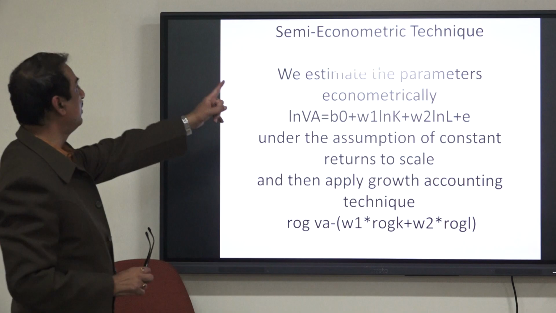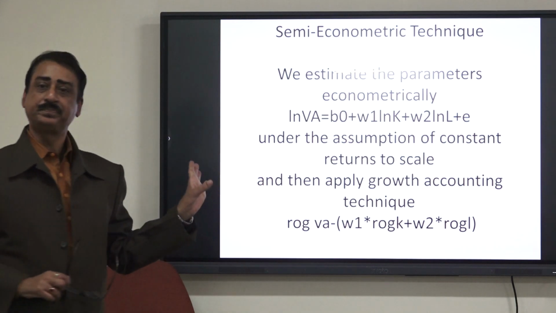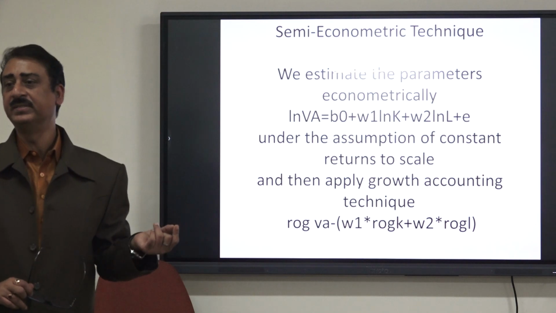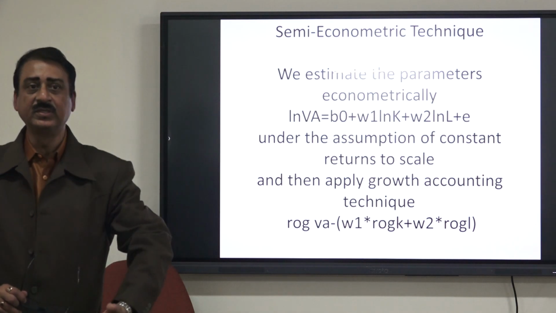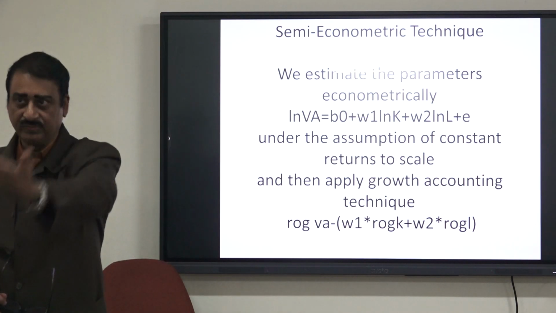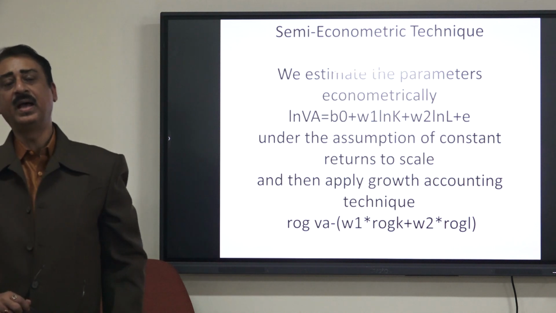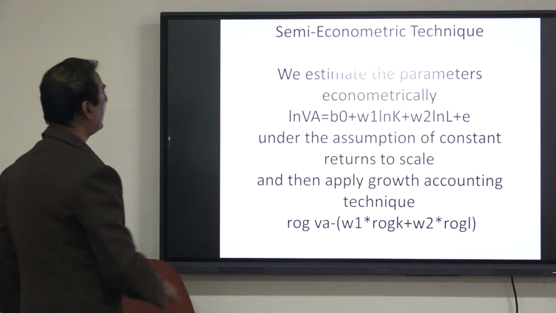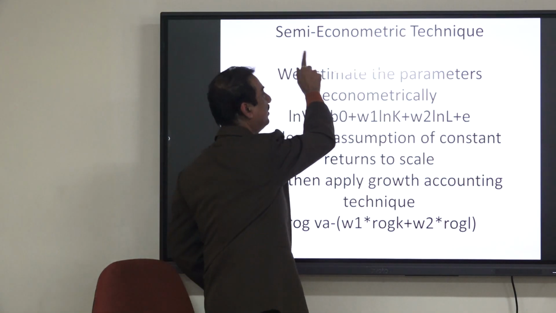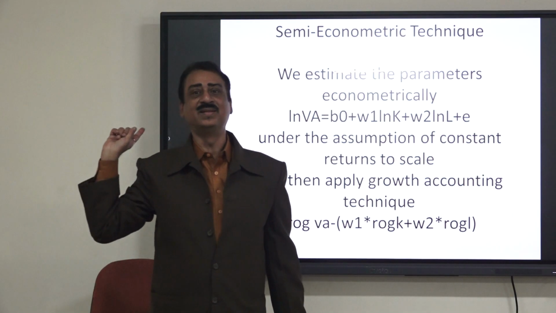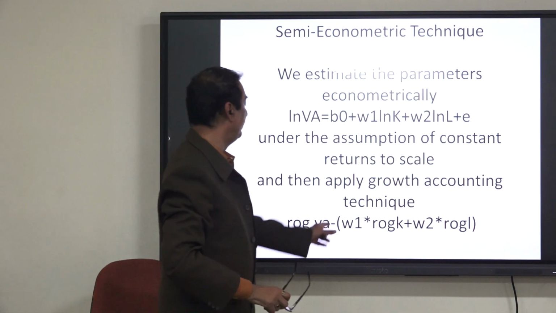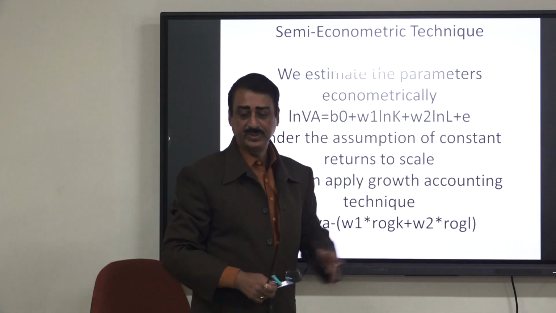Whereas in the semi-econometric technique, you are able to identify which specific weights should be considered, because on average the coefficient of capital and the coefficient of labor are given, and those are the shares. That is why some people prefer the semi-econometric technique over the growth accounting technique, because of this confusion that W1 and W2 need to be worked out.